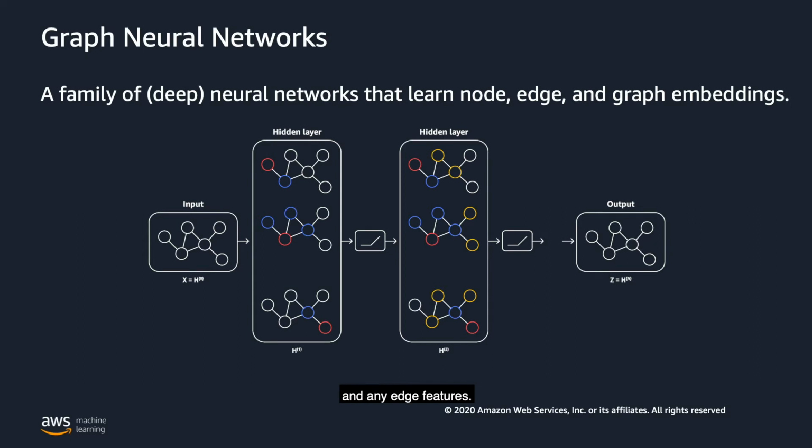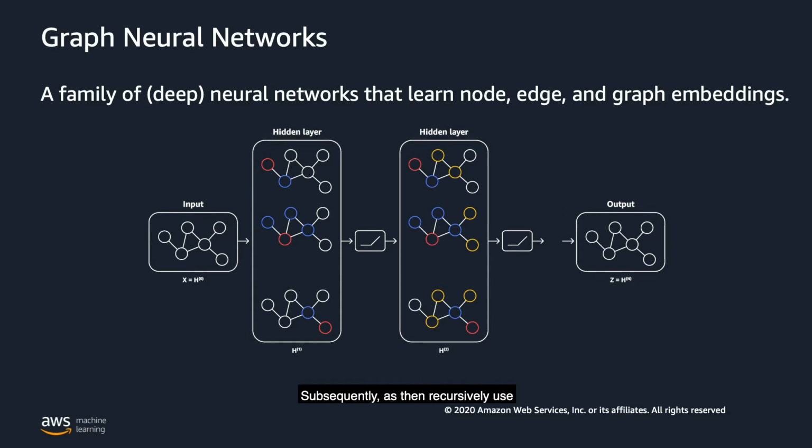and any edge features. A GNN typically consists of more than one graph neural network layer. At each layer, each node's representation is informed by the representation of the node's neighbors from the previous layer. Between each layer is a nonlinearity, typically ReLU or rectified linear units.